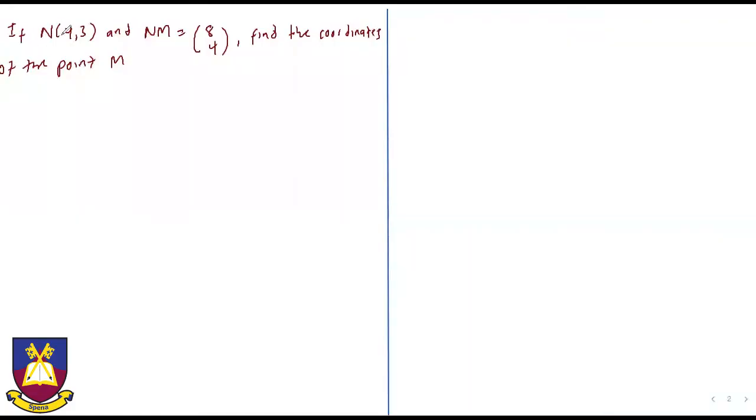Let's look at the next example. If N is (4, 3) and NM is (8, 4), find the coordinates of the point M. We're looking for the coordinates of M, and we're going to use this displacement vector. We know that NM will be, you get this last one, OM minus the first one, ON.